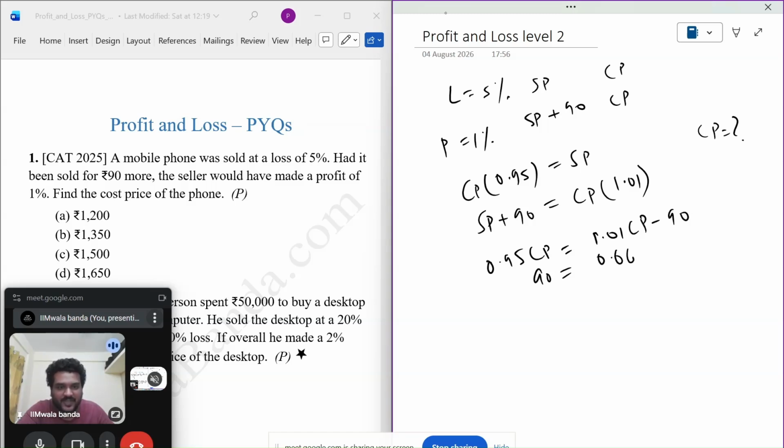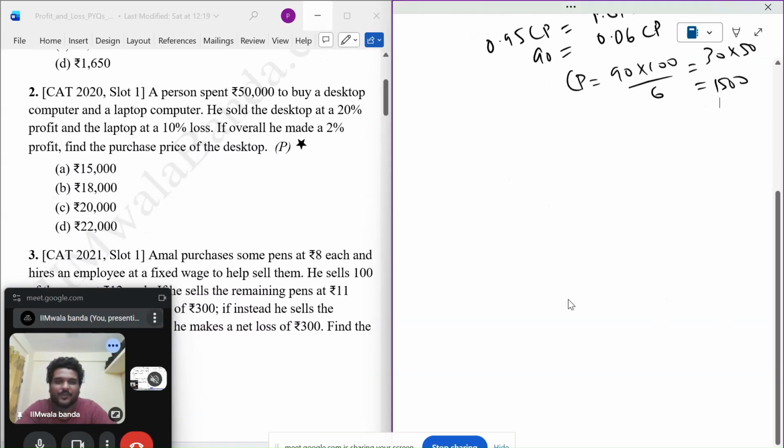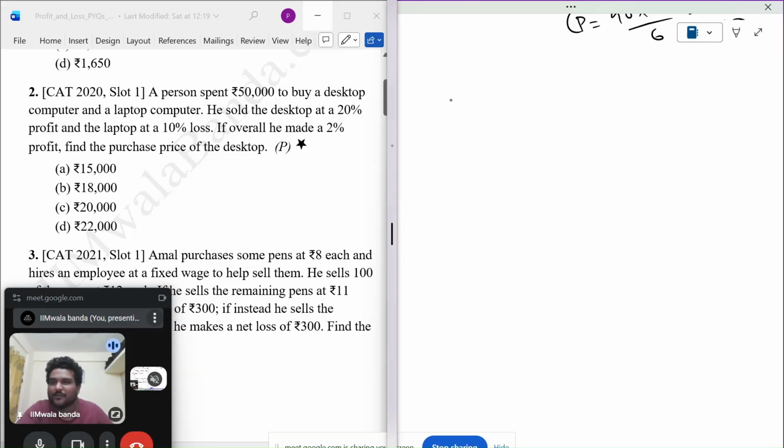So 0.06 CP, or CP is 90 into 100 by 6, or 30 by 2, or 30 into 50, or 1500. Very direct question. You have to solve it. It's like the lowest hanging fruit ever.